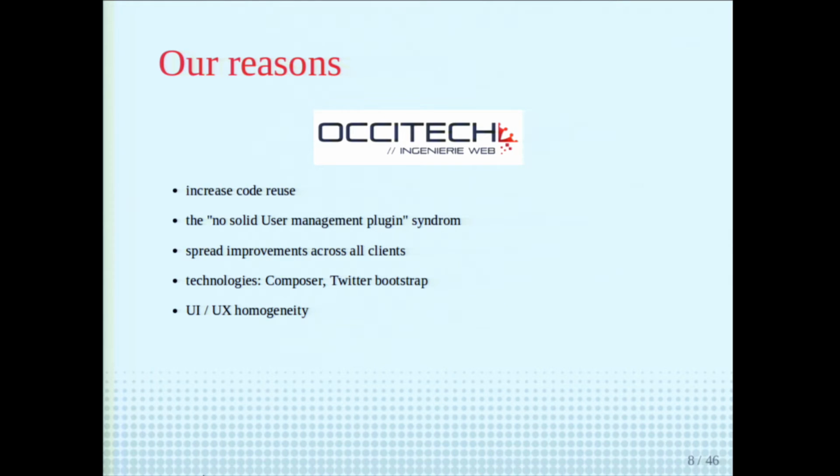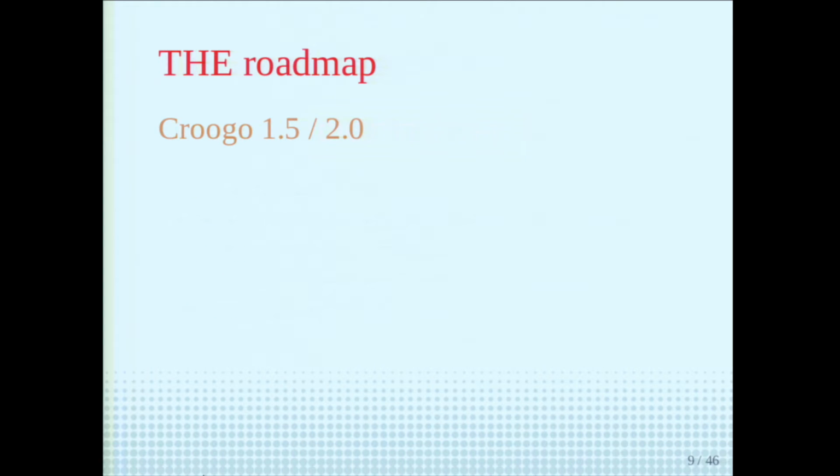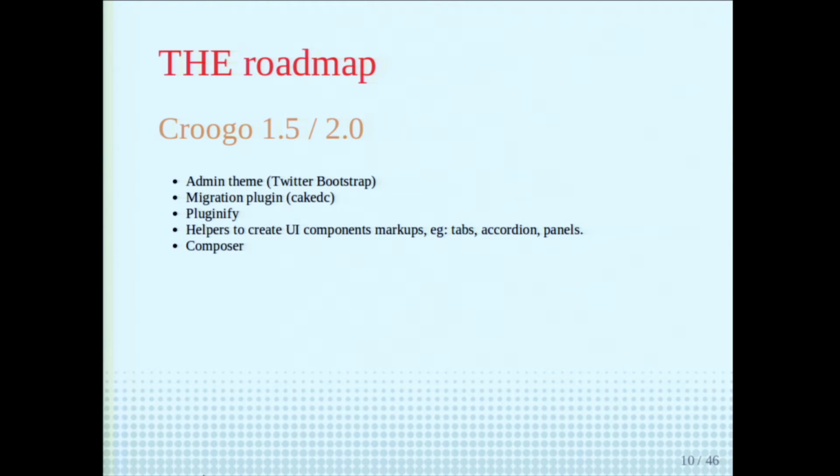So we started to consider developing our own internal CMS or basis, but then we found the Croogo roadmap back then. So it was Croogo 1.5 and 2. They were rewriting the admin theme to use Twitter Bootstrap. They would integrate the migration plugin from CakeDC, which was something that we were already doing.